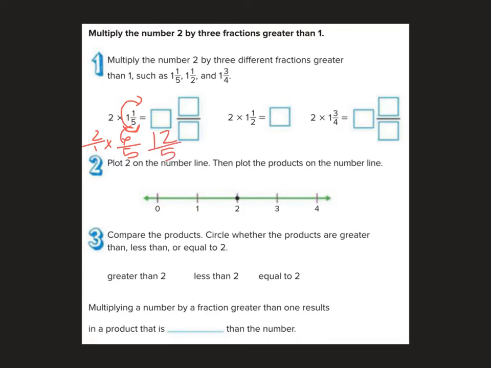And 12 divided by 5 is 2, minus 10, 2 and 2/5.